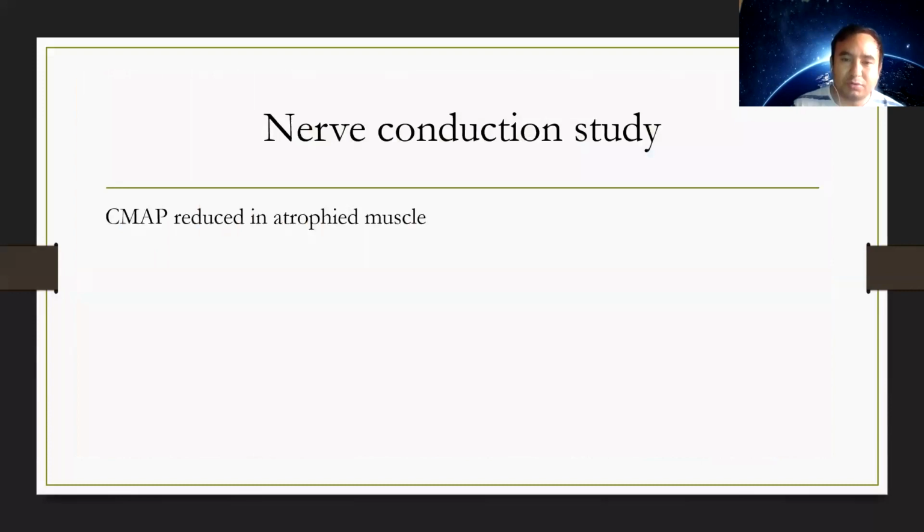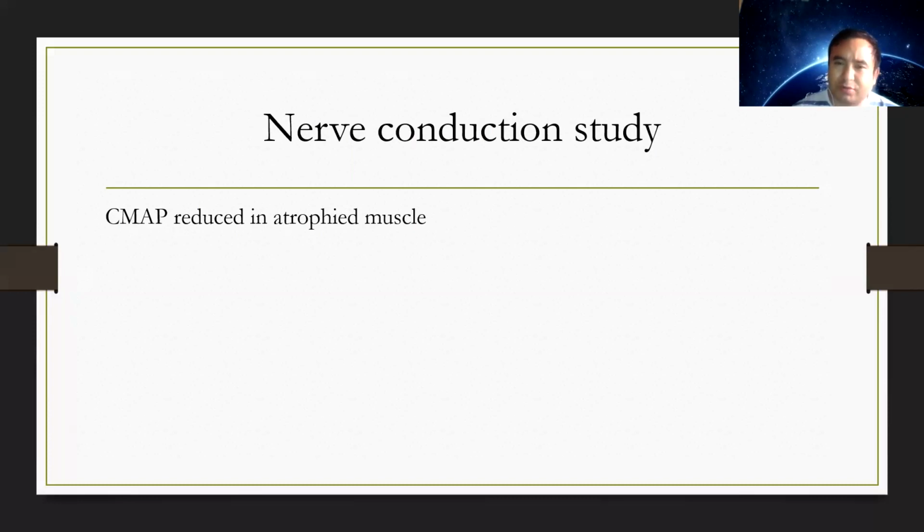So fasciculations, fibrillations, positive sharp waves, reduced interference and delayed recruitment are the features of EMG analysis in a patient with MND.